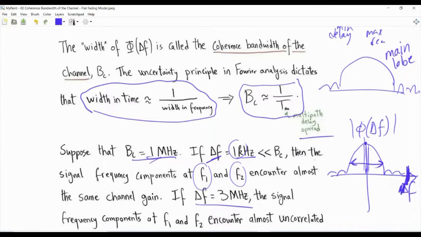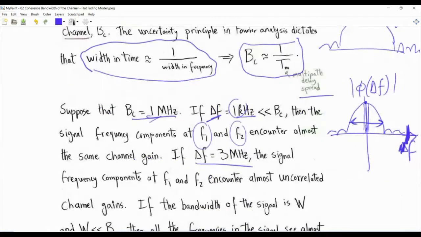So yes, there is an implicit assumption in my correlation function: it has a main lobe, and if it has non-monotonic behavior, that is far from the origin, with small values. Again, if delta f is small, the correlation is high. If delta f is large, the correlation is low.